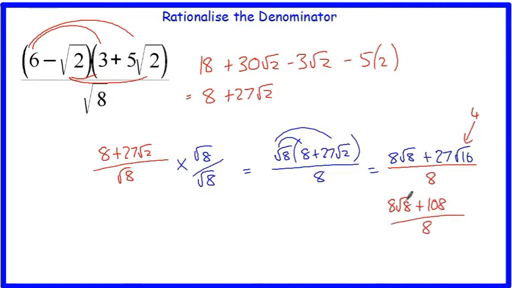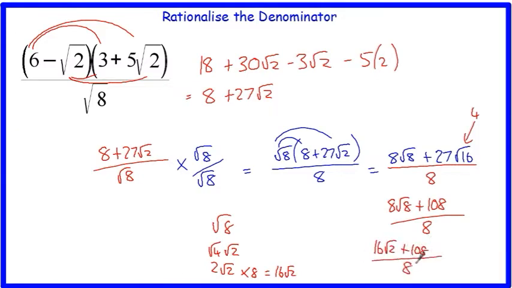Now, I should really deal with root 8 because it's not correct. Root 8 is root 4 root 2, 2 root 2. So it's going to be really 8 times 2 root 2, 16 root 2. So it's 16 root 2 plus 108 over 8.